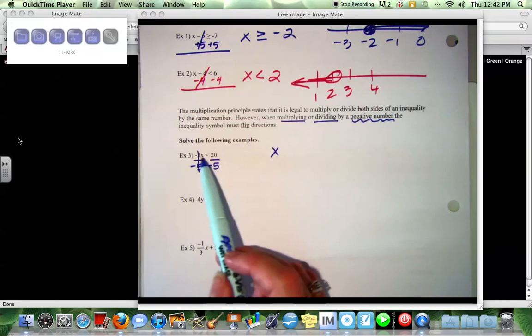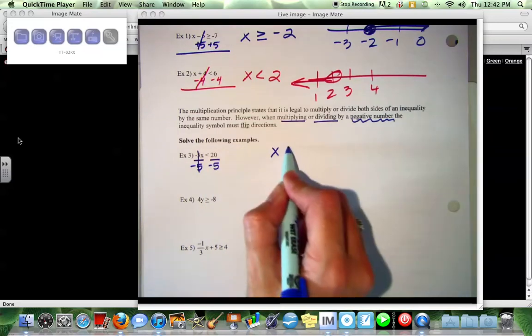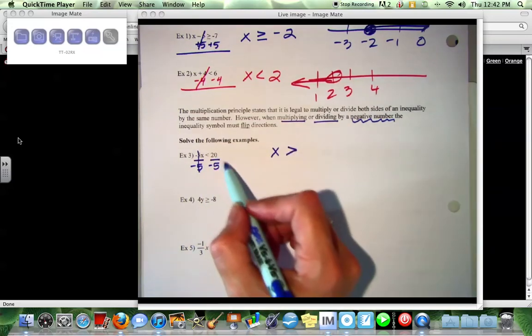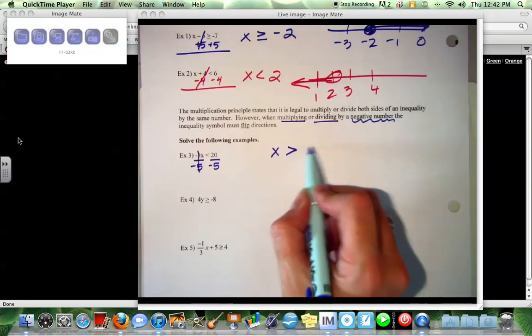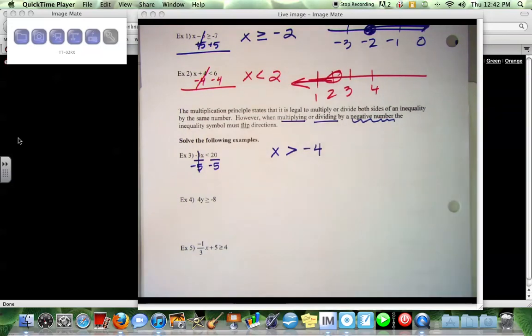So instead of it being less than, it now becomes greater than 20 divided by -5, which is -4. And we're done. Only if you're multiplying or dividing by a negative number. If you're multiplying or dividing by a positive, you leave it alone. But if you multiply or divide by a negative, then you flip the sign.